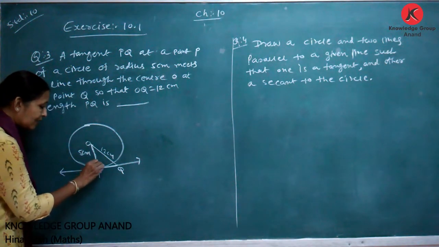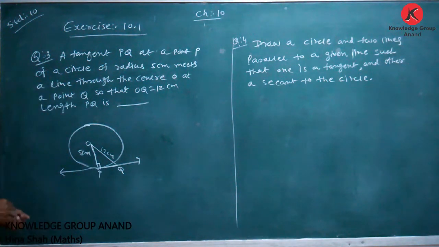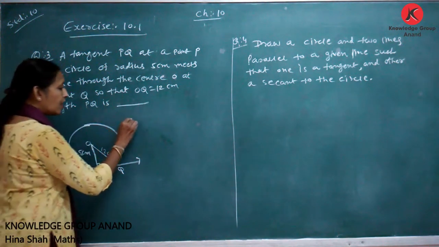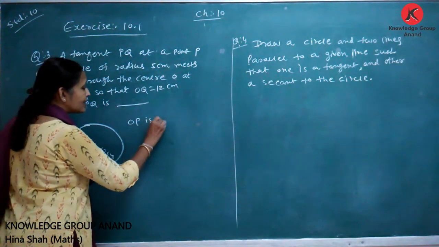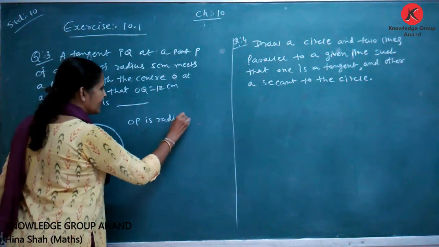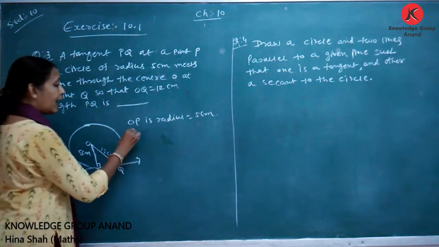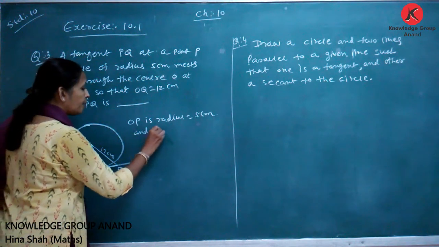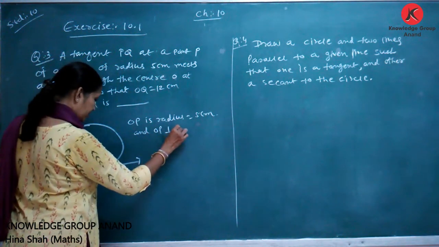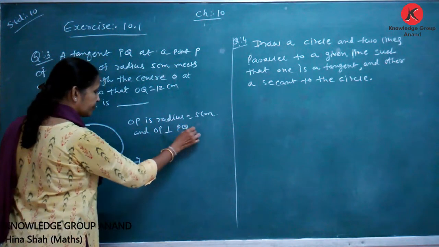Here the radius is equal to 5 cm. OP is the radius equal to 5 cm and OP is perpendicular to PQ.